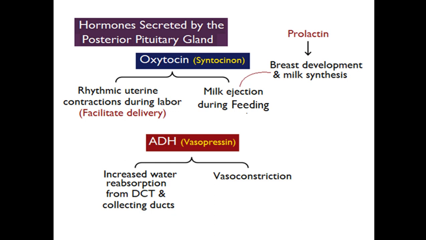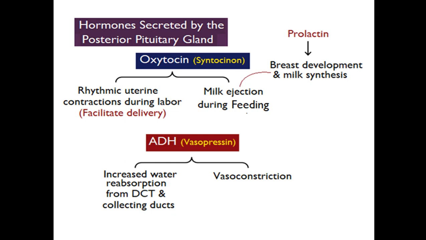Its second effect is on the breast mammary glands, where it causes milk ejection, particularly when a child sucks the nipple of his mother. Oxytocin is released and it causes milk ejection.